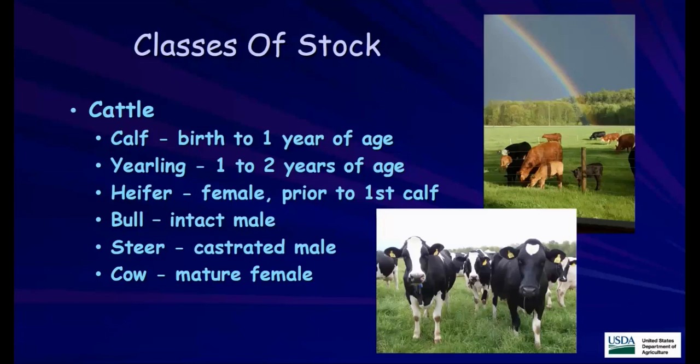And with beef cattle, you're more likely to run into a steer, which is a castrated male. There are bulls on most beef cattle farms. Dairies tend to use artificial insemination, so the chances of running into a bull may be less, but you should always make sure if you're out in the pasture that you ask if there is a bull, because they can be very dangerous.